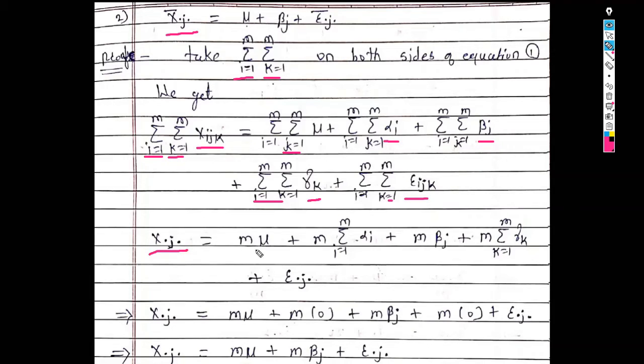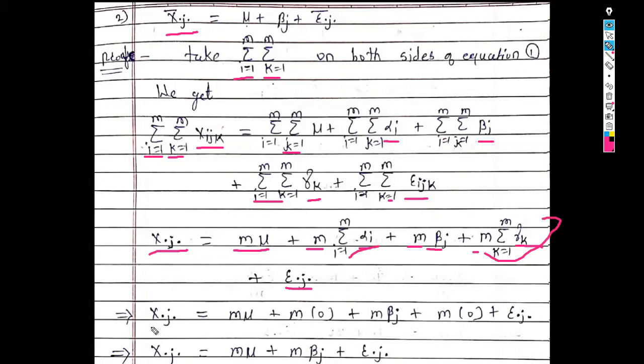Since mu is a constant, the summation can be written as m into mu, plus m times the summation over i of alpha i, plus m into beta j, plus m times the summation over k of gamma k, plus the last term, which can be written as epsilon dot j dot.